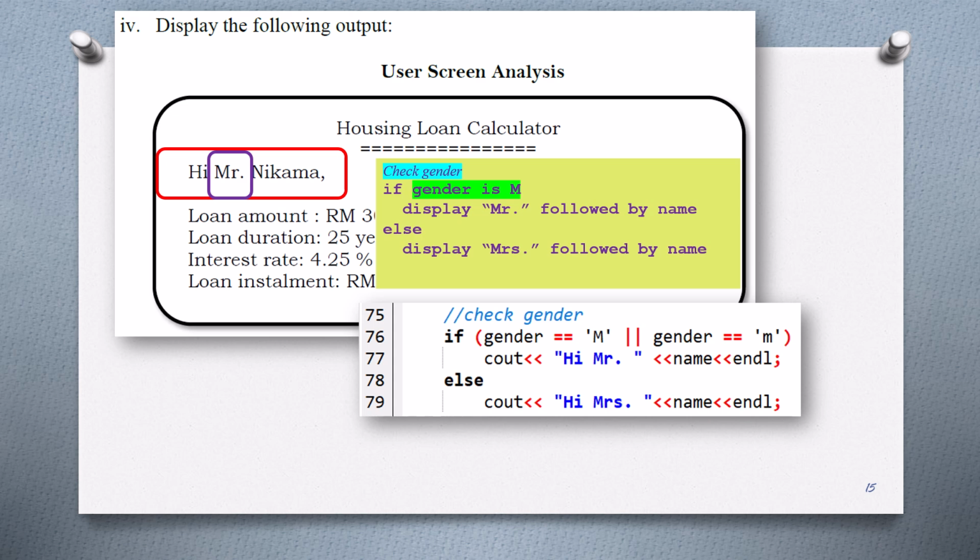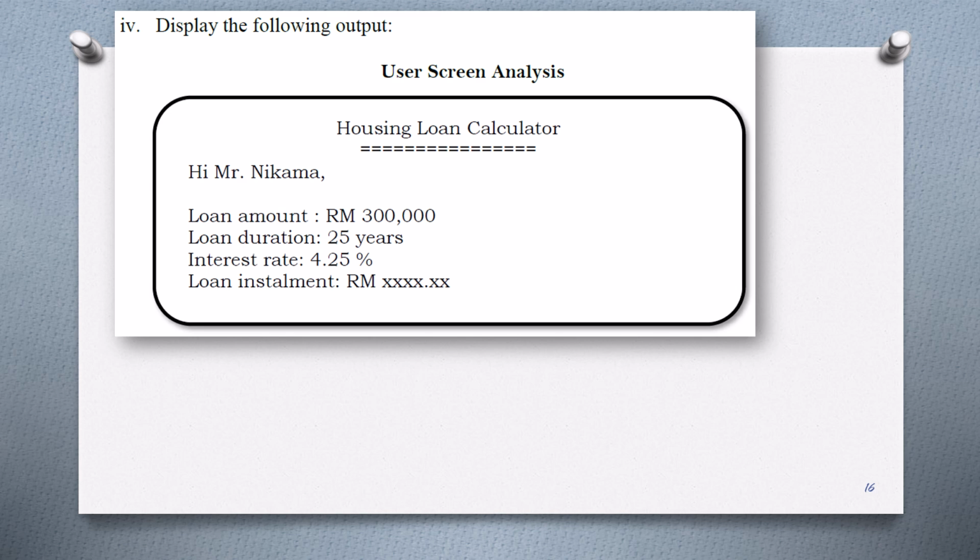Okay, check gender. Alright, next one is to display the details: the loan amount, the loan duration, the interest rate, and also the loan installment calculated earlier.